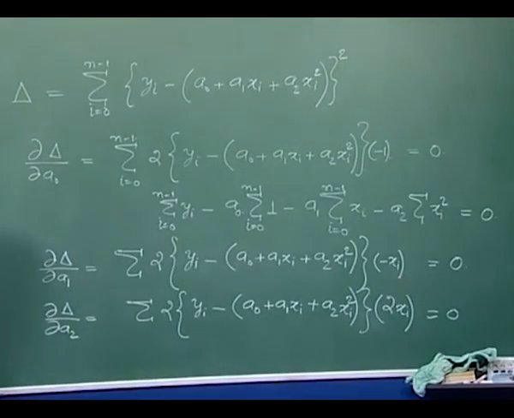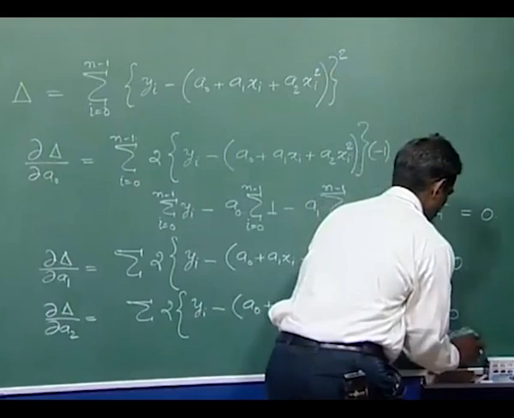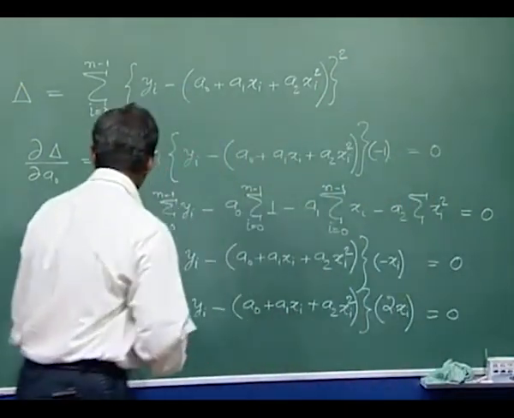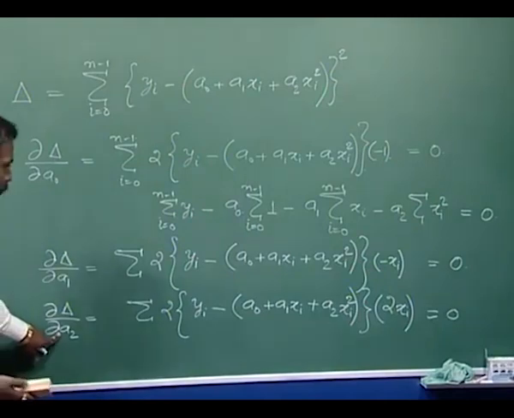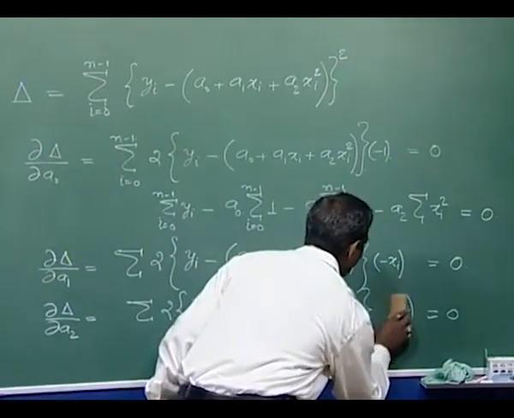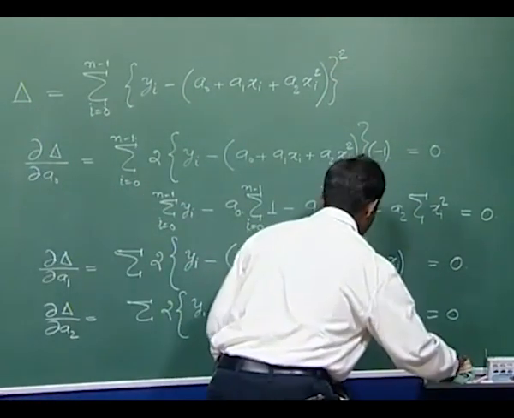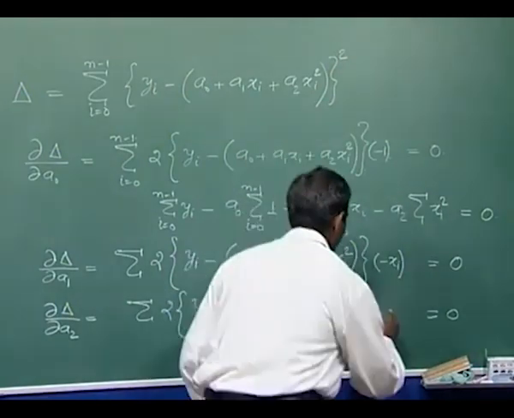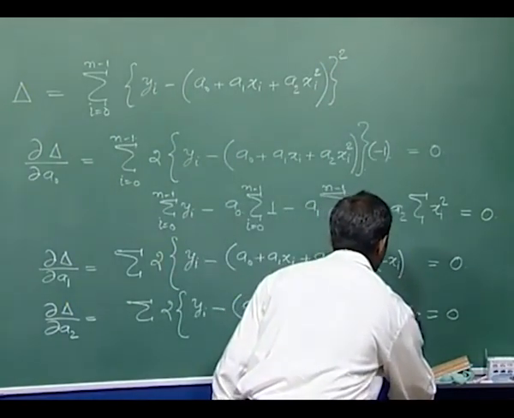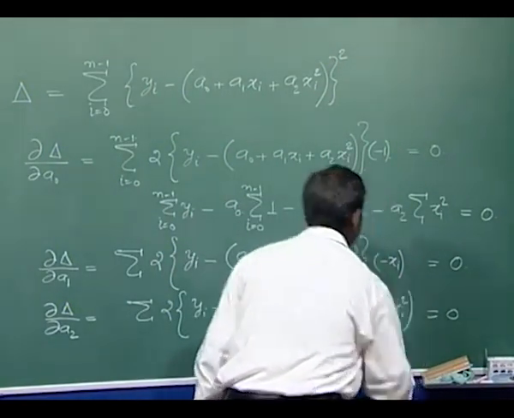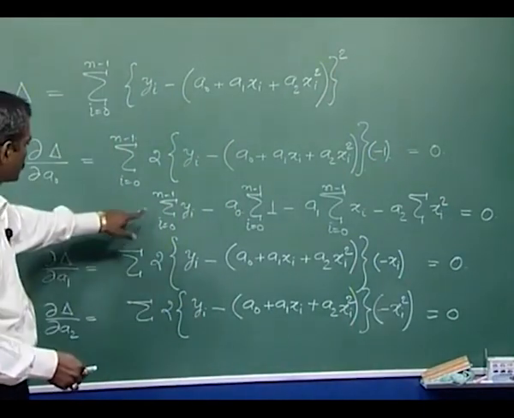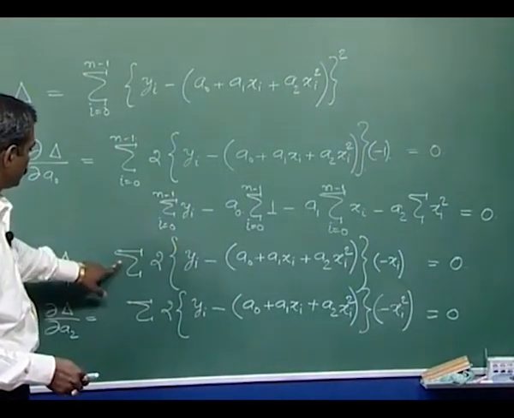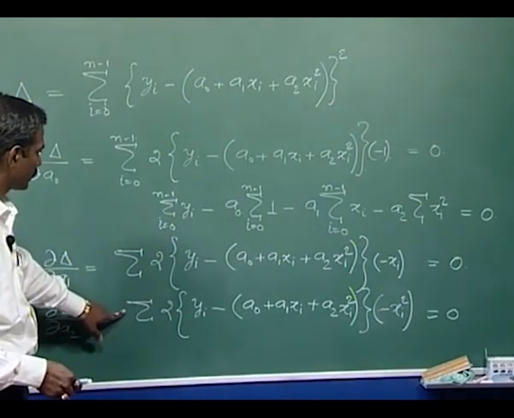Looks like I have made a mistake here. I'm computing the partial derivative with respect to a2. So this term here will actually be minus of xi squared. So we have 3 equations, 1, 2, and 3.